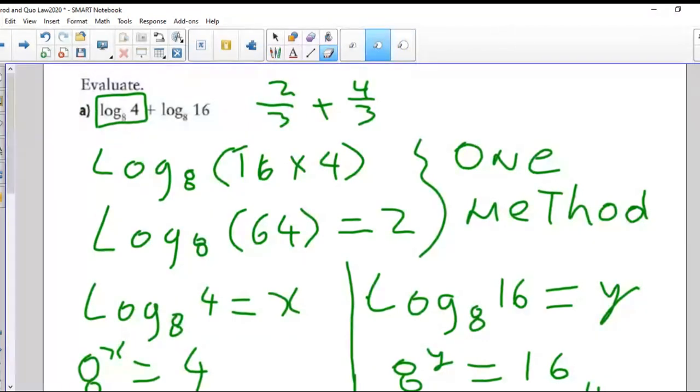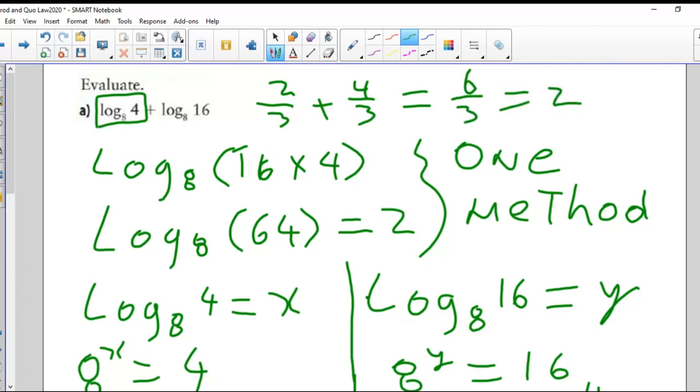We've actually evaluated the log base 8 of 4 and the log base 8 of 16. One is 2 over 3, one is 4 over 3. So add the two tops together, over 3 is 6 over 3. Guess what? That's equal to 2.